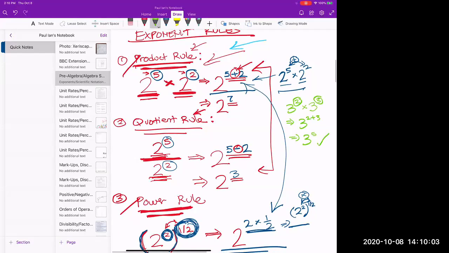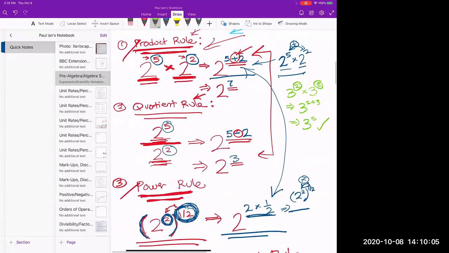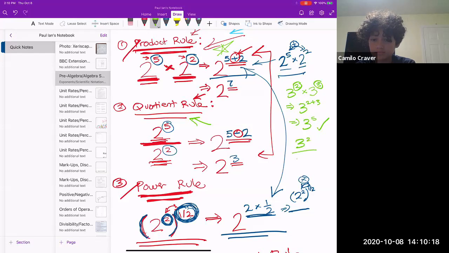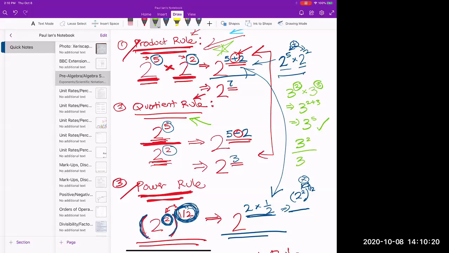So that's the one. And what about the quotient rule? This one is very similar to adding them, right? But in the quotient rule, what do you do? Subtract. Okay, and you kind of saw this last time when we did the examples.